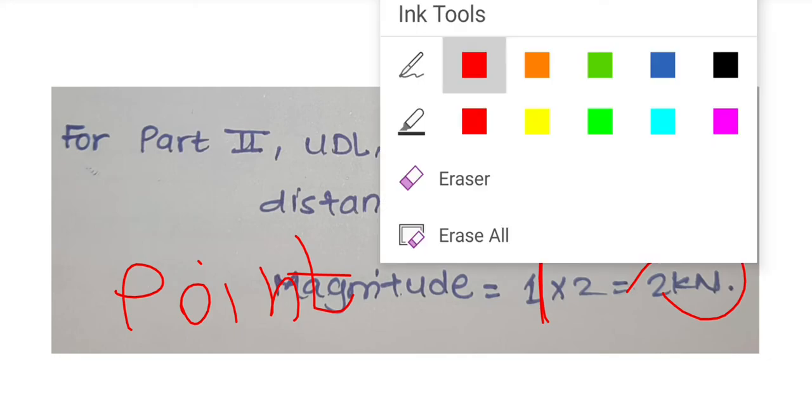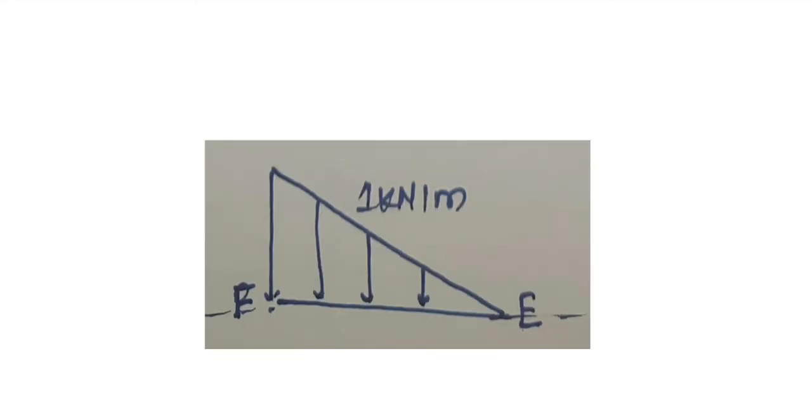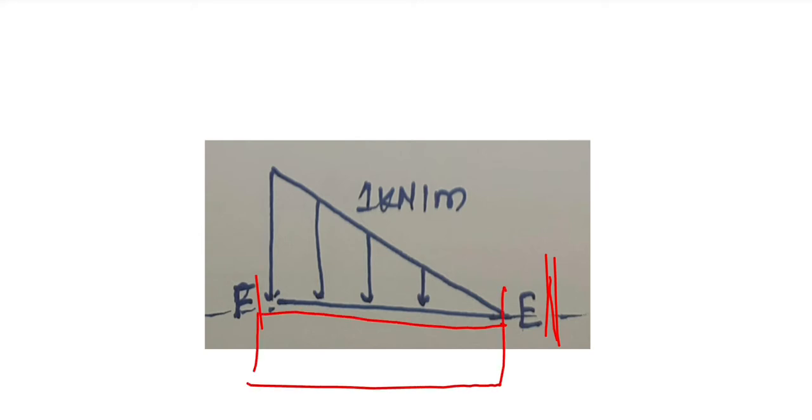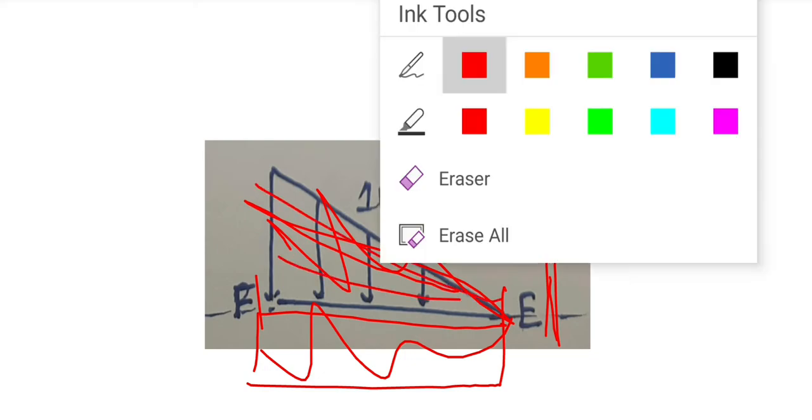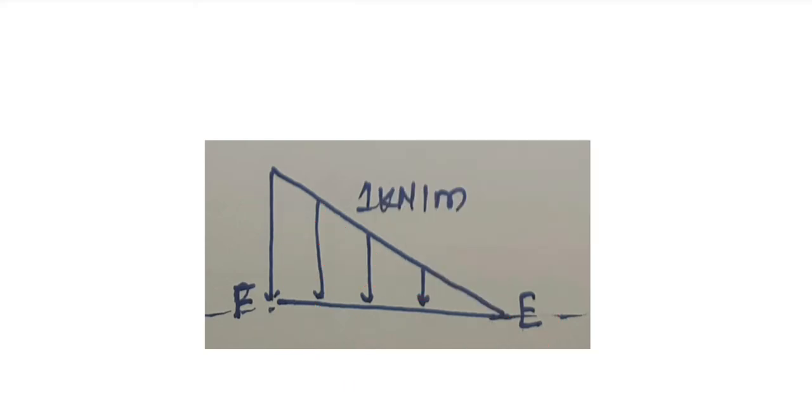Now the last part is the third part. The diagram for the third part will be something like this. At points E and F, we know there was a uniformly distributed load below it. We cancel that load and look only at this load, acting on the beam. Here at this point there was a 2 kN per meter load, and at this point there was 1 kN per meter load.